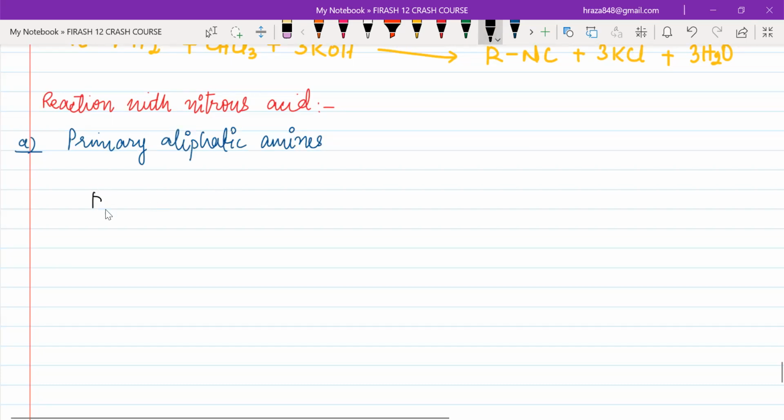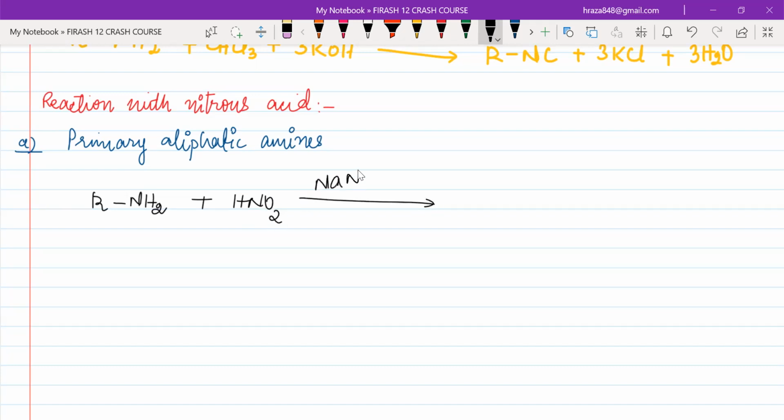So if you have RNH2 and you react it with nitrous acid, that is HNO2, or you can say NaNO2 plus HCl, then you will get a diazonium salt, RN2+ Cl-, which will be highly unstable.